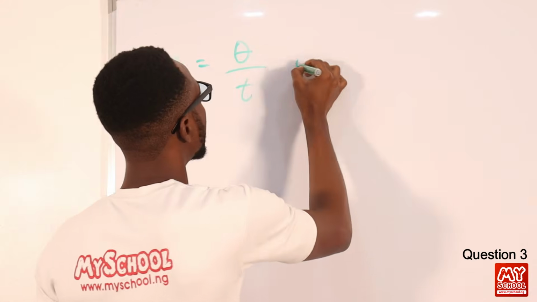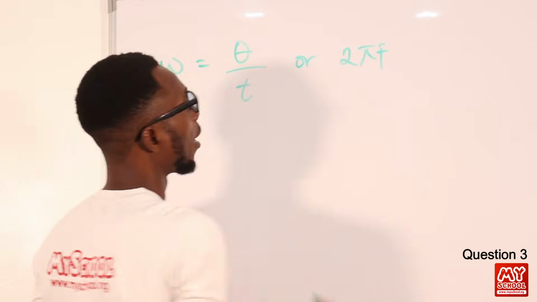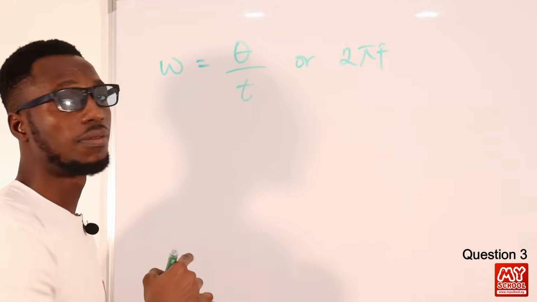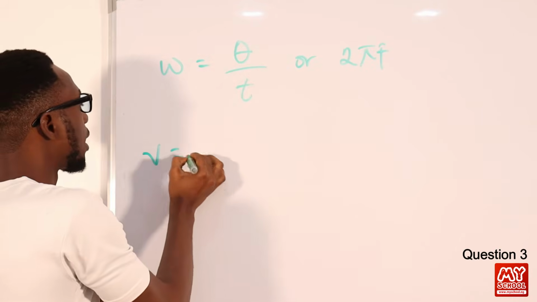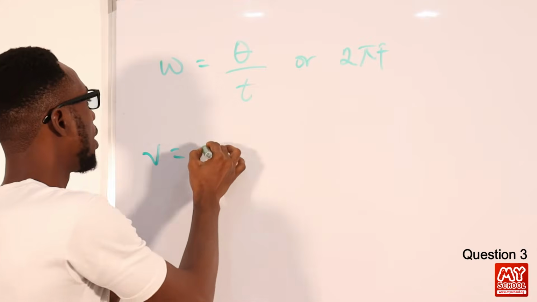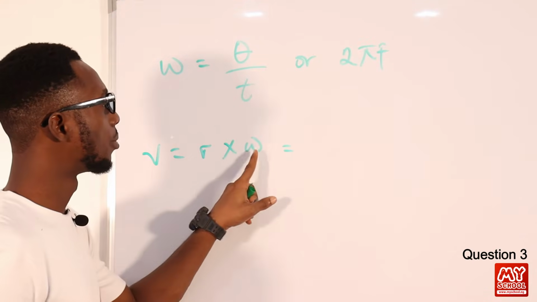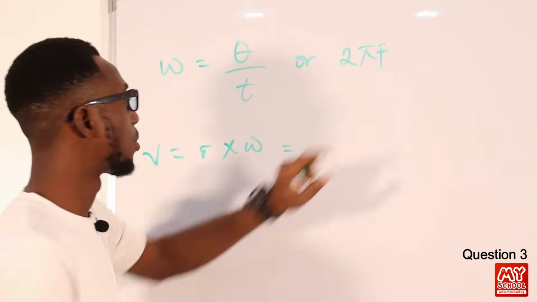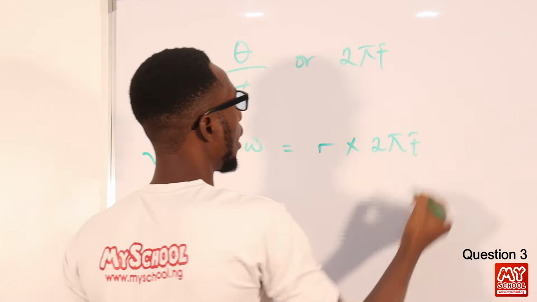Or if you carry out your expression, you can still get this, 2 pi f. All right, so right here we should be solving for linear velocity. So remember, linear velocity is actually the product of radius times this. And we recall that this is 2 pi f. So that will be radius times 2 pi f.